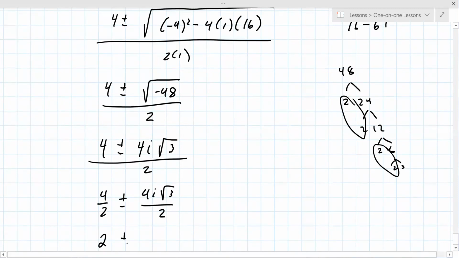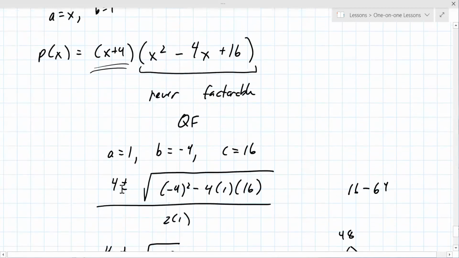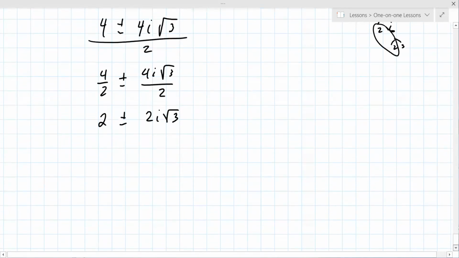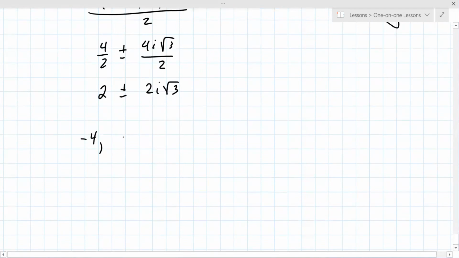And you get 2 plus or minus 2i root 3. So the zeros, like when you're all done here, just to scroll up here slightly, x plus 4, that 0 is -4, comma, 2 plus 2i square root of 3, comma, 2 minus 2i square root of 3.